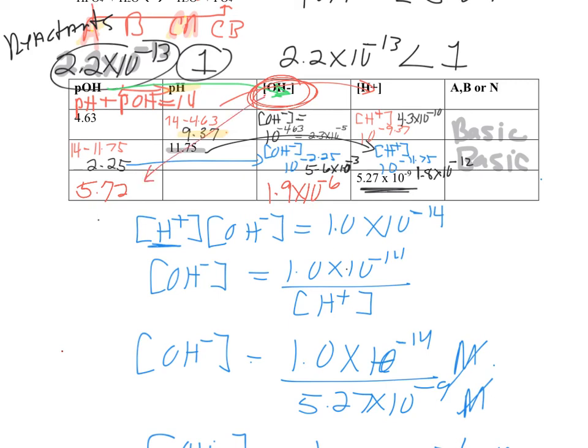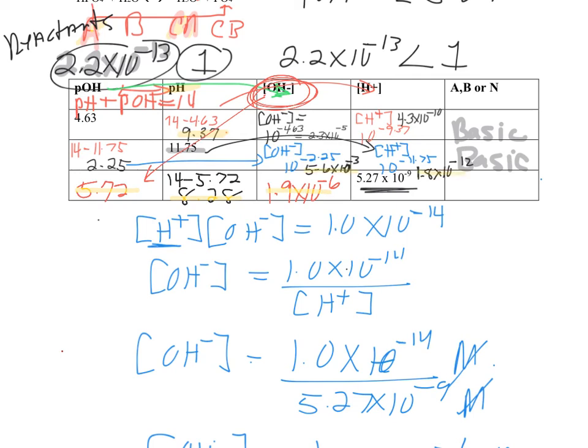And if my pOH is 5.72, then I know that 14 minus 5.72, because the pH and the pOH equals 14, is 8.28. And now I have all my answers.